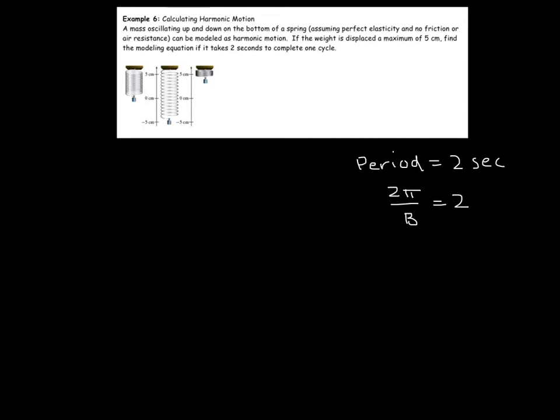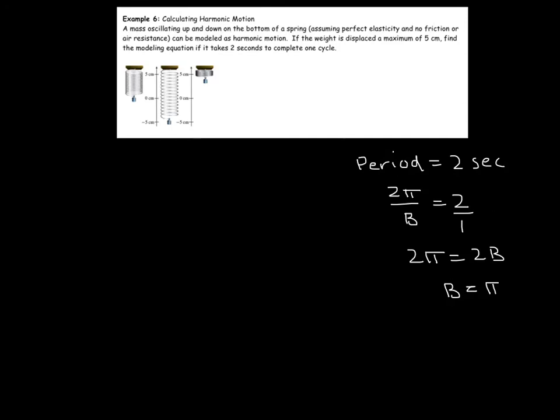So cross multiply, making this 2 over 1, so 2 pi equals 2b, and we can divide by 2, so b equals pi. So when we write our equation, b must be pi.